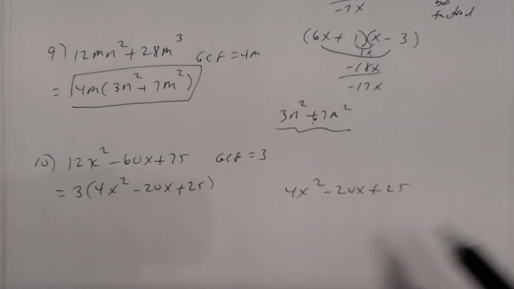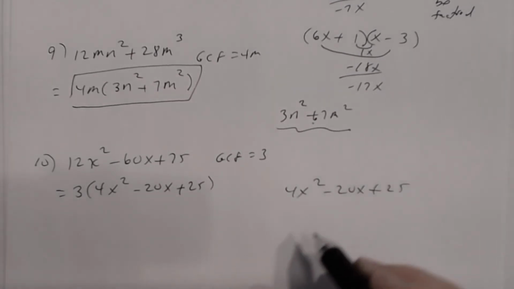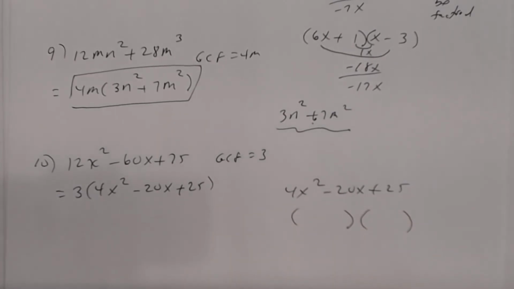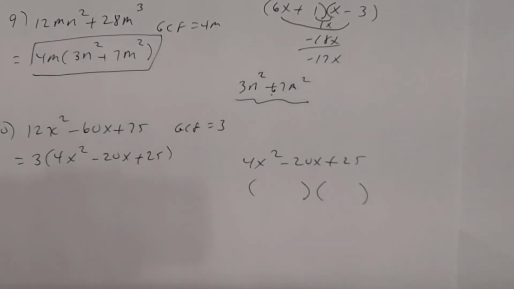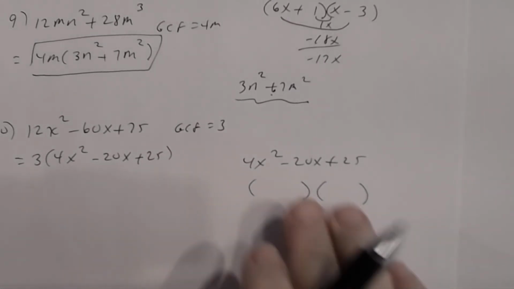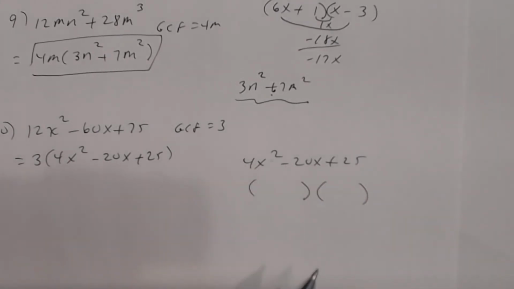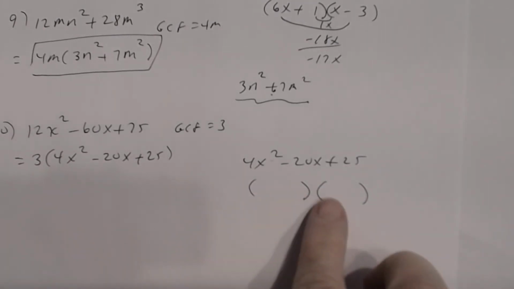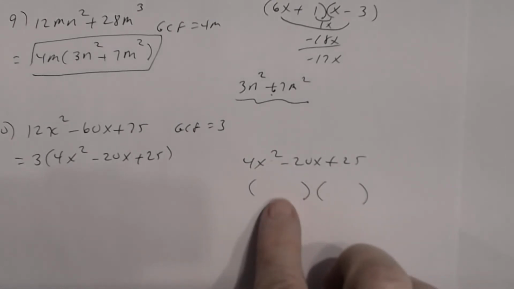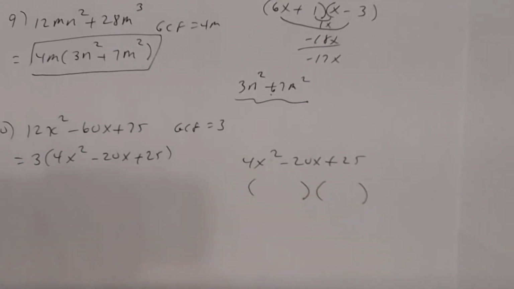At this point, many students will just go ahead and try to factor this using trial and error. But here's my question to you: before you do that, is this a perfect square trinomial? In other words, will these two factors be identical? I want you to think about that without using trial and error.